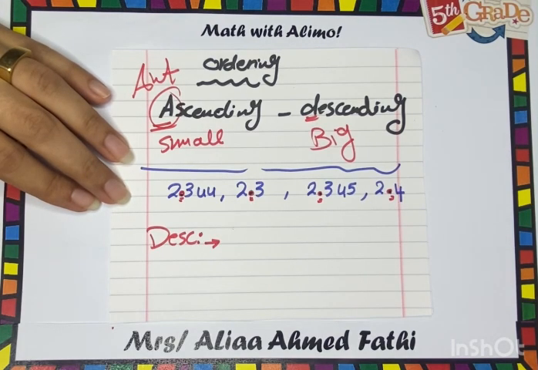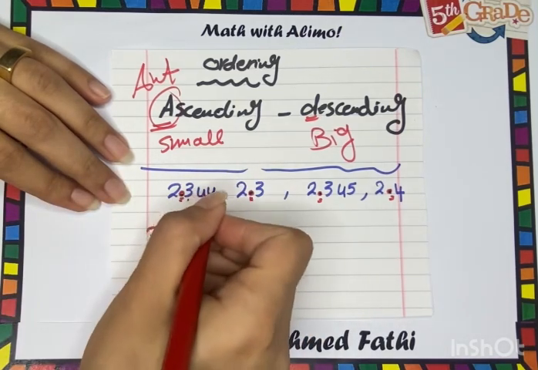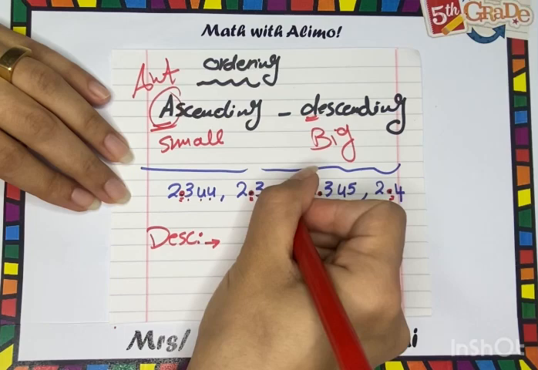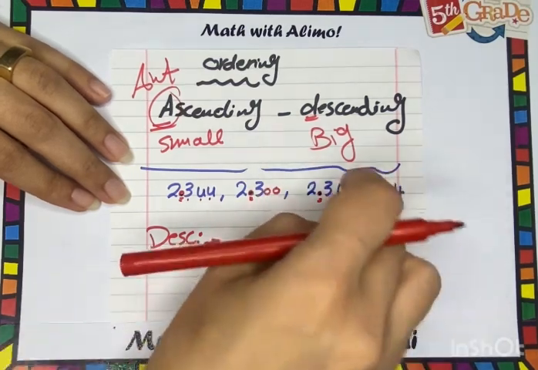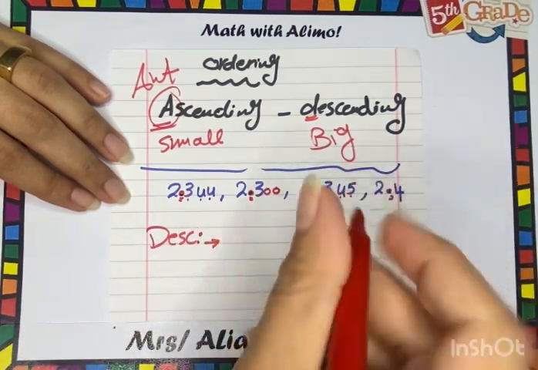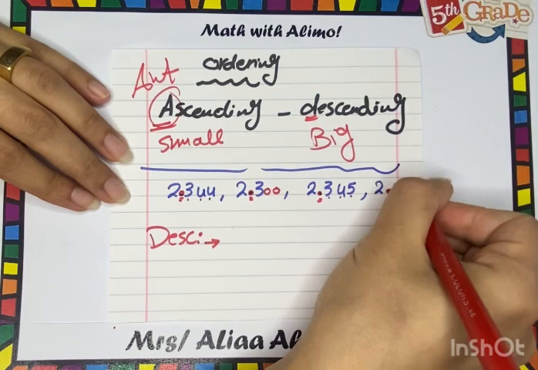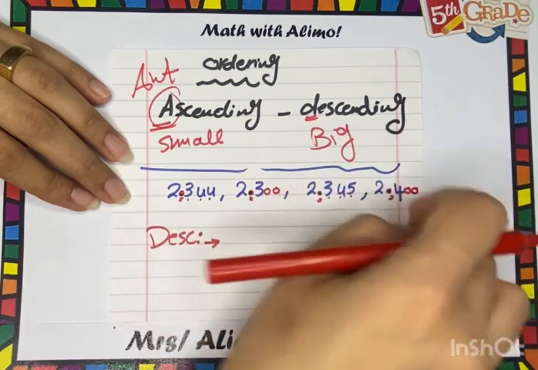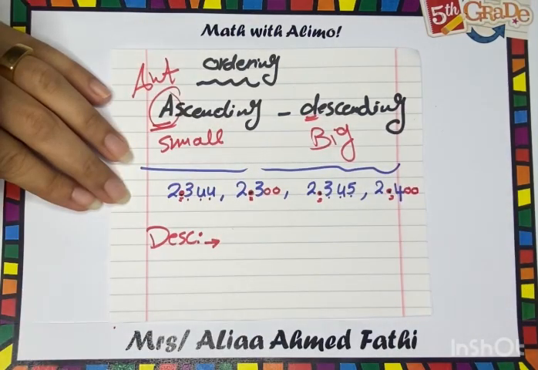Then we're gonna check the decimal part. Here we have 3 digits in the decimal part, and here we have just 1 digit, so I will put 2 digits more to make them 3. Now all of them are balanced in the decimal part.